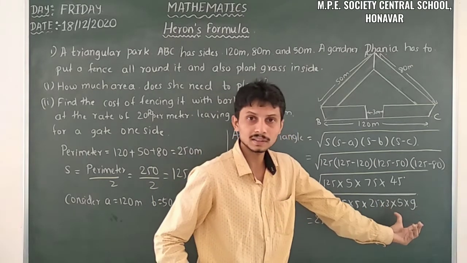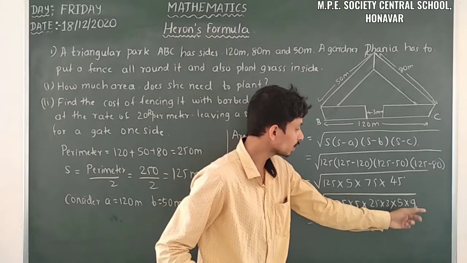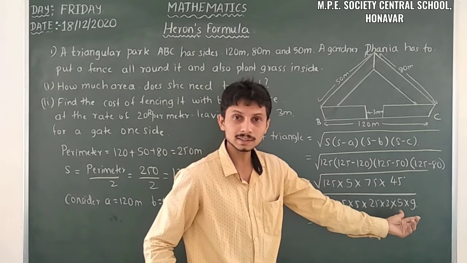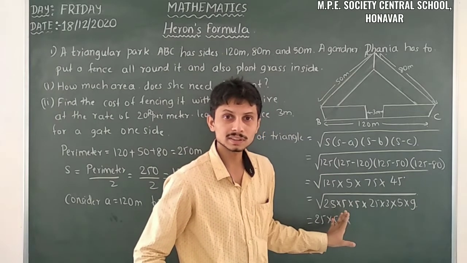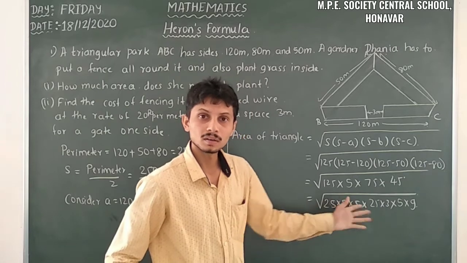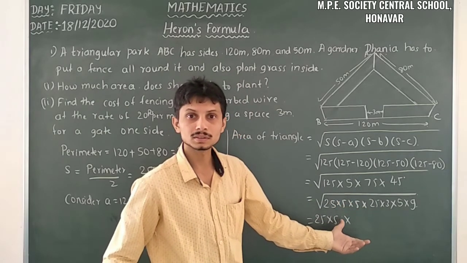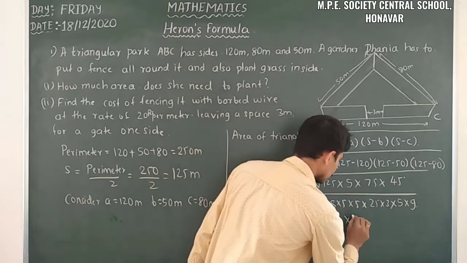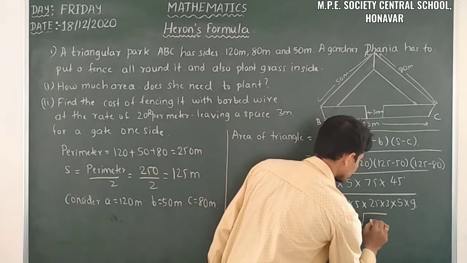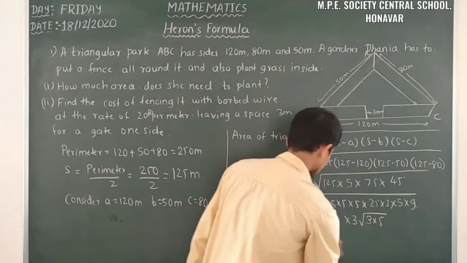Here we have another three terms. Just observe, 9 we have, and 9 is a perfect square, so we can take it outside. When we take the perfect square 9 outside of the square root, we have the square root of that term, which is 3. What remains here is 3 into 5.